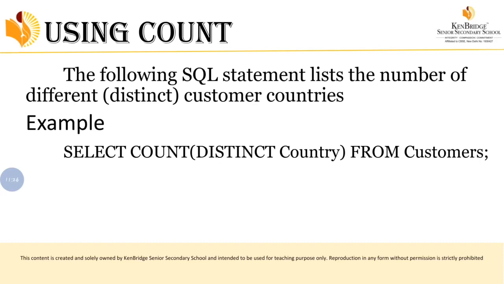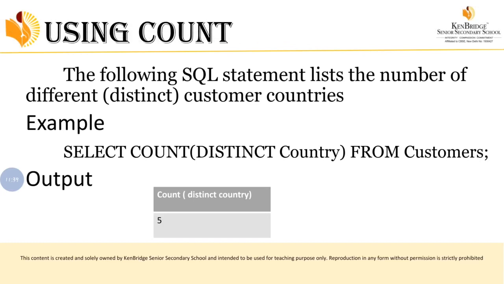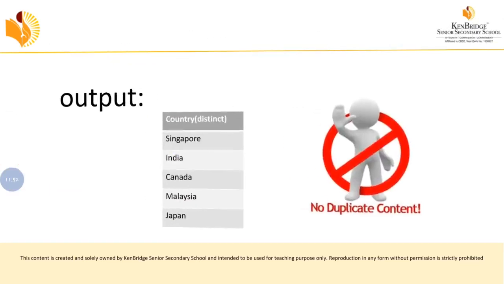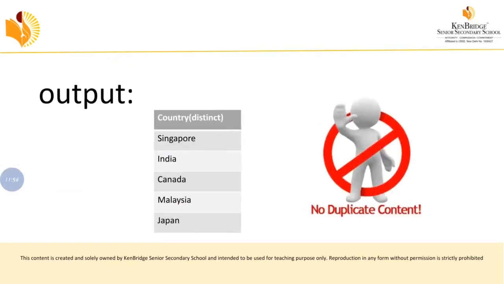Here the example is select count distinct country from customers. The same distinct, but the output will be different. So here is the output. Just look here. The count of distinct country is 5. Already in the previous slide we saw the output of the select distinct command.